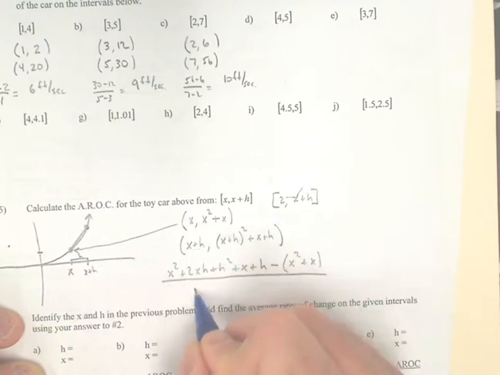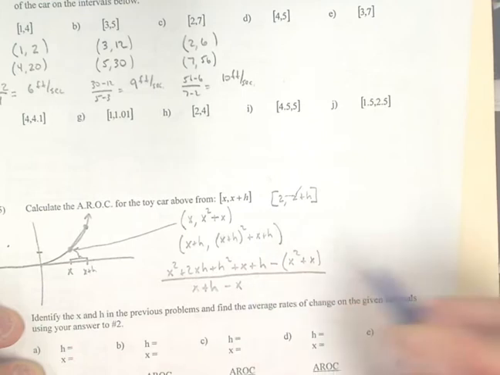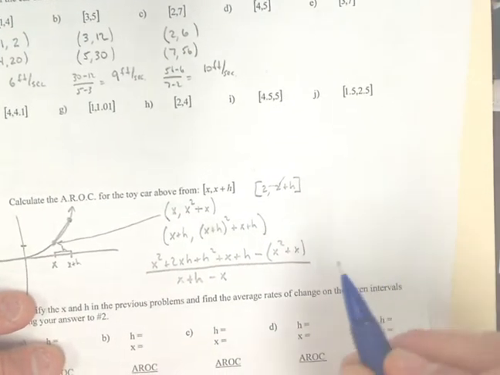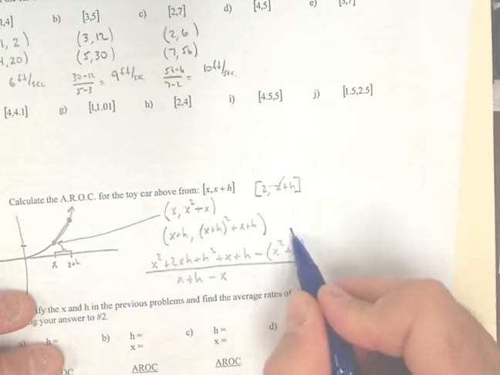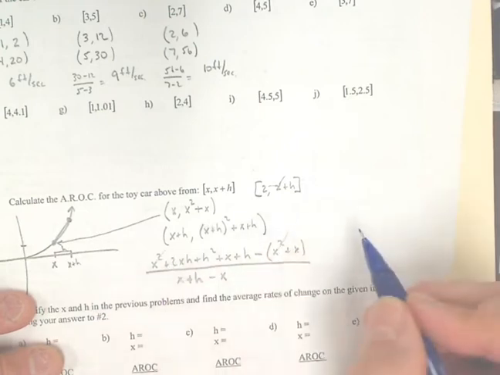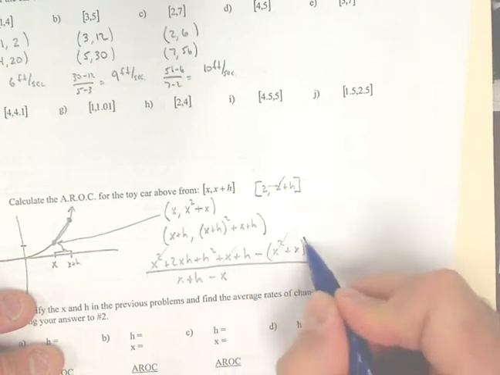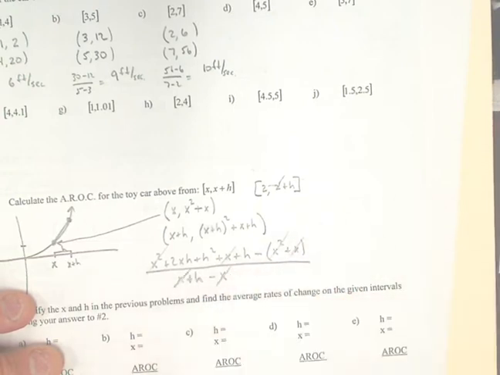All over, we go back to this x value, and we subtract the first x value, which is that. And now the tidying up process begins. This x squared minus this x squared will cancel, which is nice. This x minus this x will cancel, and this x and this x will cancel.